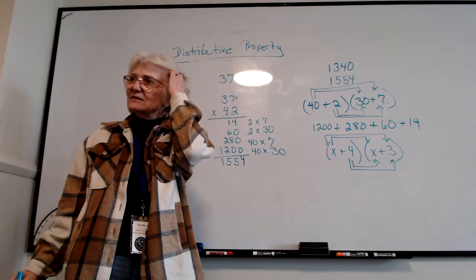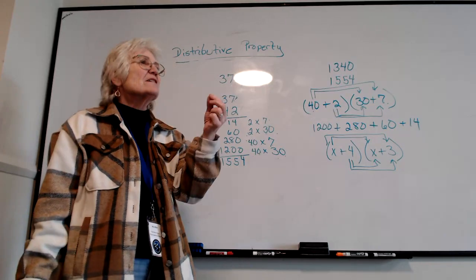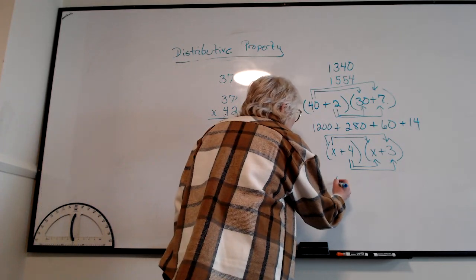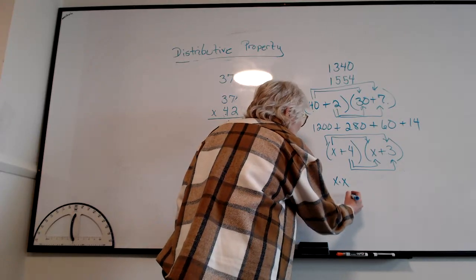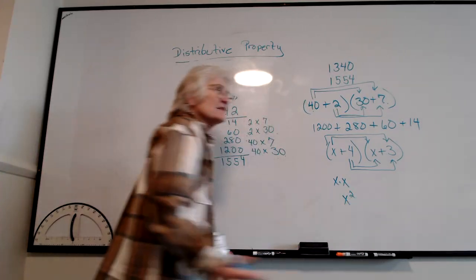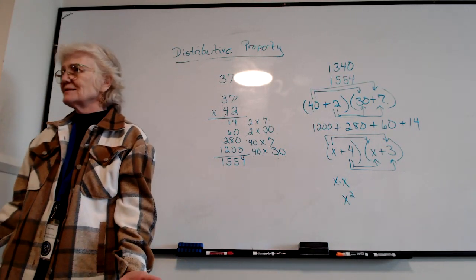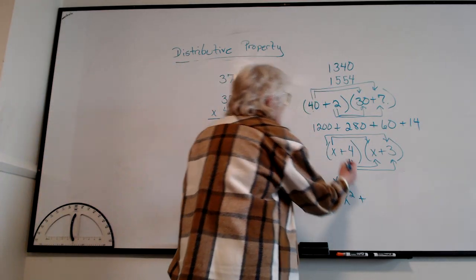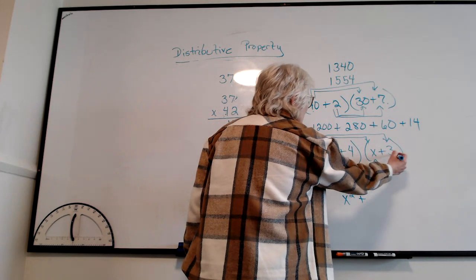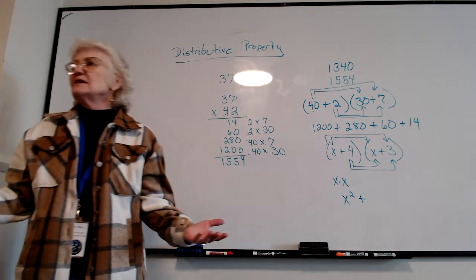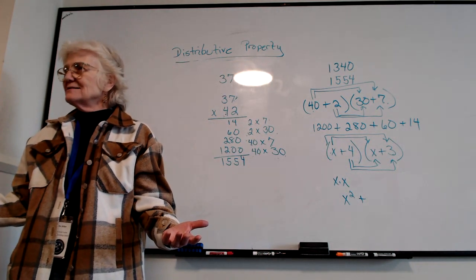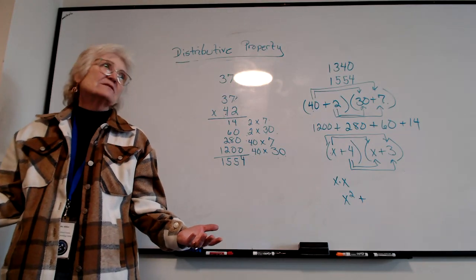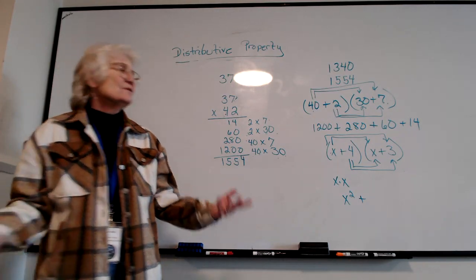Now, like I said, this is a little above you, but x times x is really x squared, because that's how you write that, an exponent. Okay? Plus x times 3, it's just 3 times x, which is 3x. Because x times 3 is 3 times x, so it's 3x.